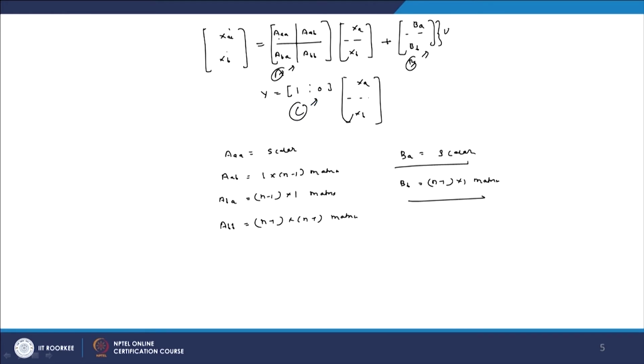Now, from this part, XA dot equal to AAA XA plus AAB XB plus BA into U. So, that we can write down as XA dot equal to AAA XA plus AAB XB plus BA into U. So, now these equations we have written.